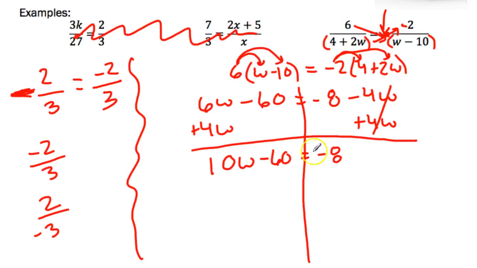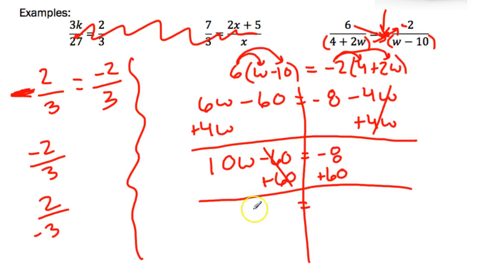negative 8. Now I need to get rid of this negative 60, so I have the w by itself. So I do plus 60, and I do plus 60. Draw this line. Alright, that cancels, and I'm left with 10w on this side. Over here, negative 8 plus 60 is negative 52.